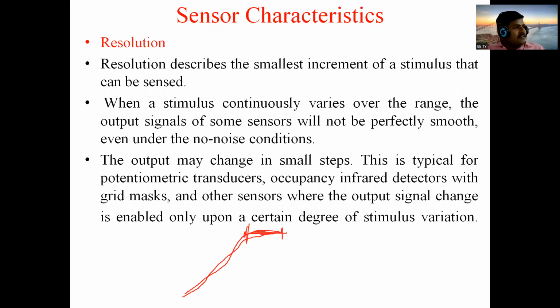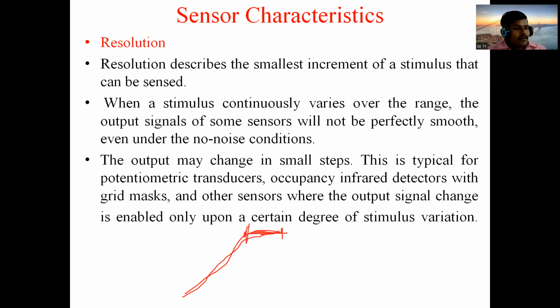Suppose there is a variation in the temperature from 20 degrees to 25 degrees, and a sensor is used to sense that temperature. It will produce an output of 1 millivolt per 1 degree of change. So if the temperature changes by 5 degrees, it will produce 5 millivolts extra.